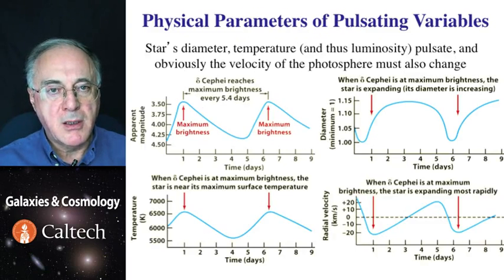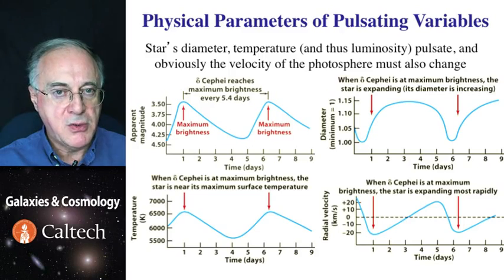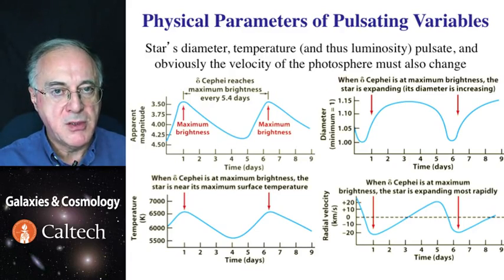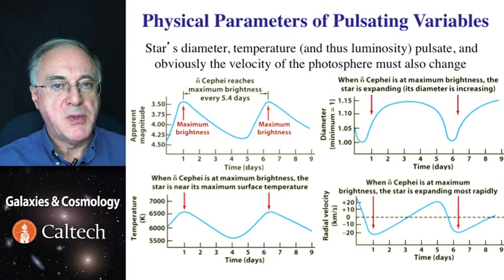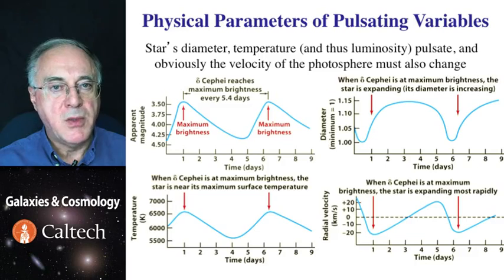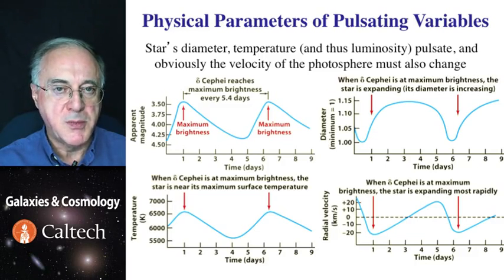Now let's take a closer look at what happens when a star is pulsating. Its photosphere expands, but temperature changes as well. So the radius changes, the temperature changes, therefore luminosity must change. If we observe the star spectroscopically, we can observe the velocity of the photosphere. It comes towards us, then goes away from us. So we can measure stellar temperatures using colors or spectroscopy.